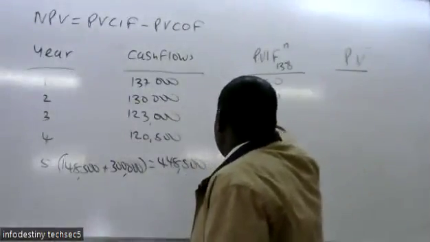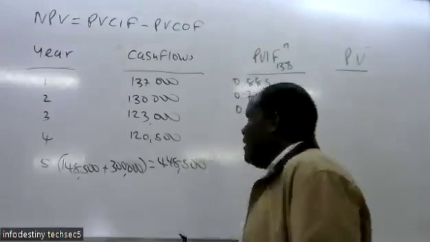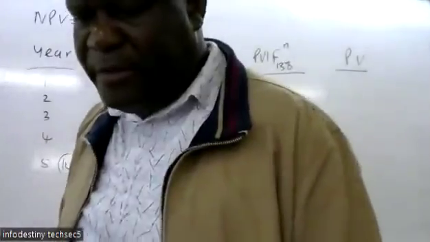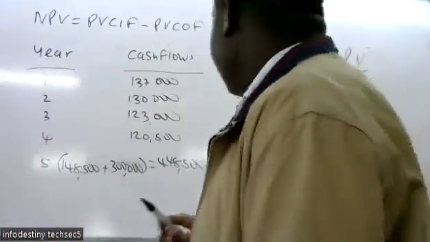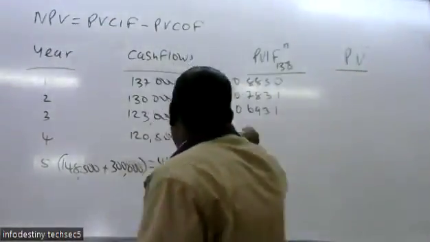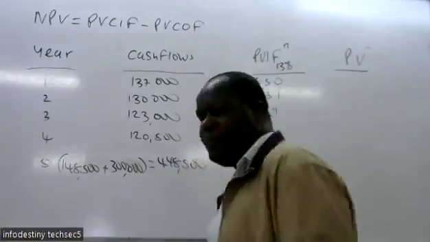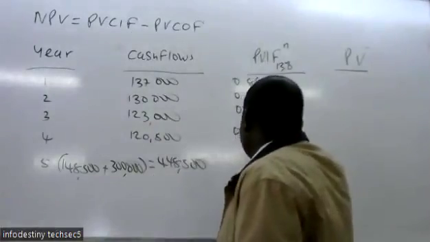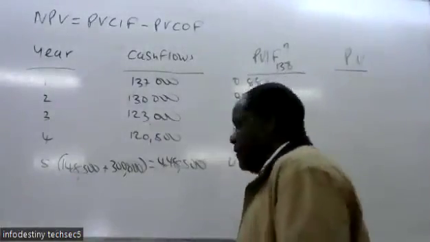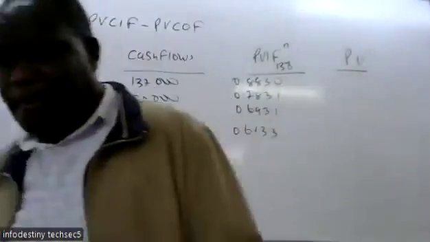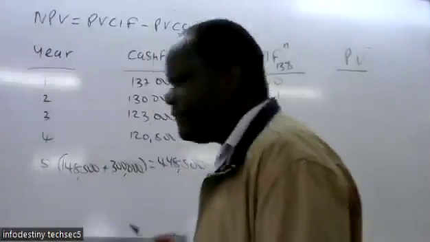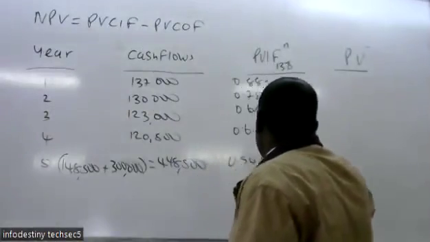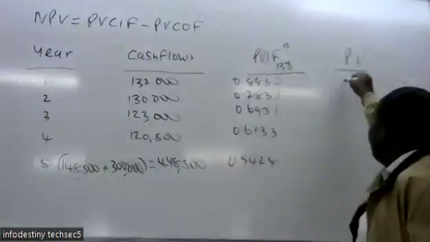Yes, 0.6931. Year four is meant to be 0.6133. Then year five is 0.5428.